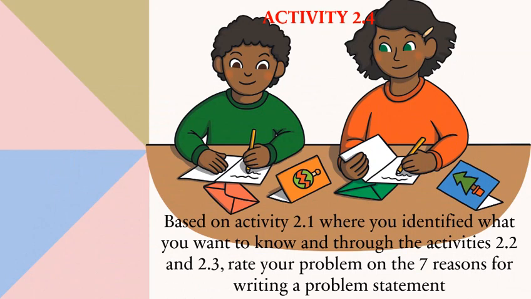So this brings us to our activity 2.4. This activity still draws from the activity which we started with from 2.1, where you were asked to identify what you want to know or what you want to know more, and then through activities 2.2 and 2.3. So this activity requires you to rate your problem on the 7 reasons for rating a problem statement, meaning that what you identified and went through in 2.2 to 2.3, can you now identify the scope?